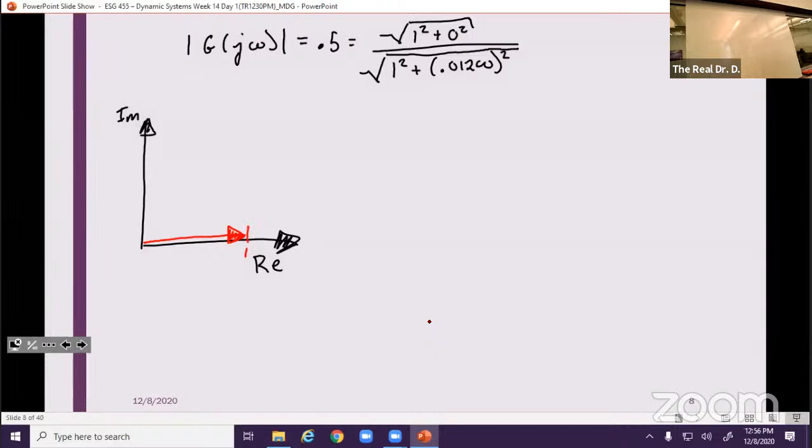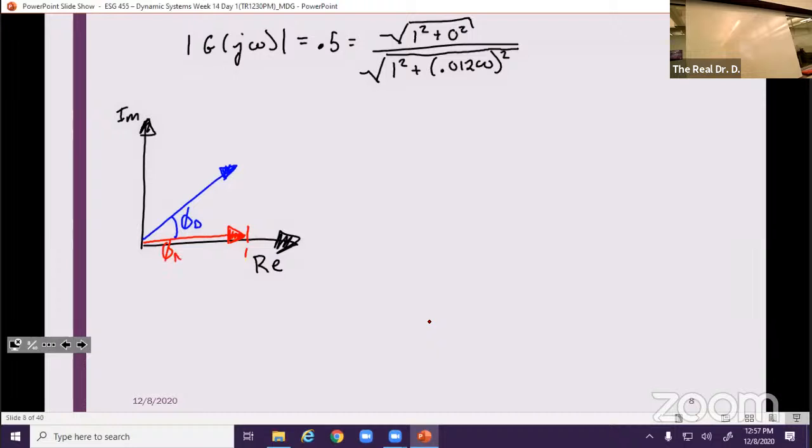The magnitude of the denominator, this vector, is going to be 0.012 times omega times j plus 1. So it's going to be something that looks like this. It has phi denominator.